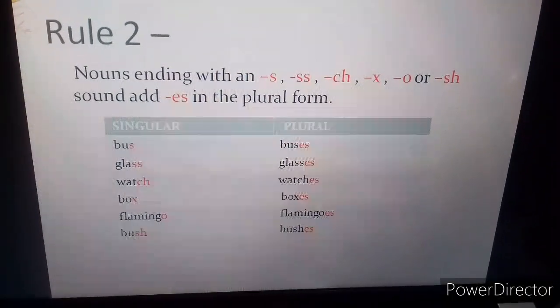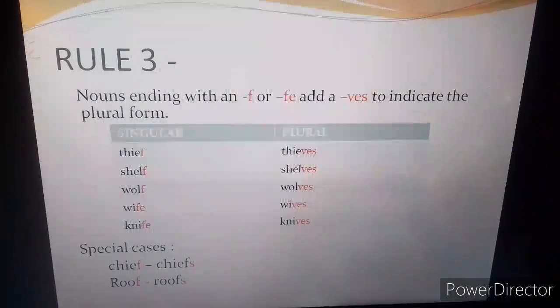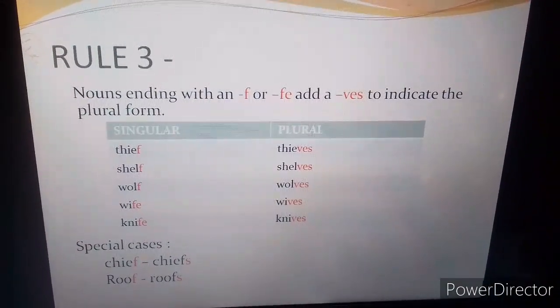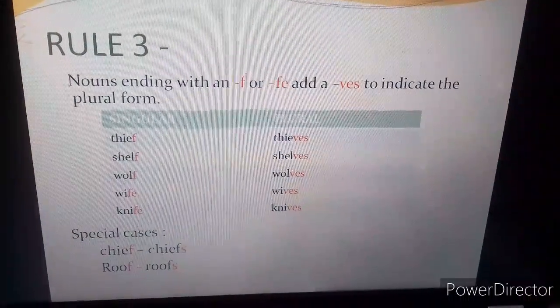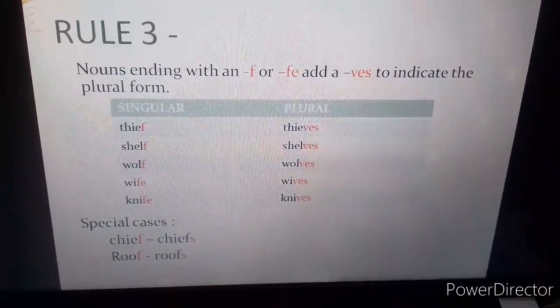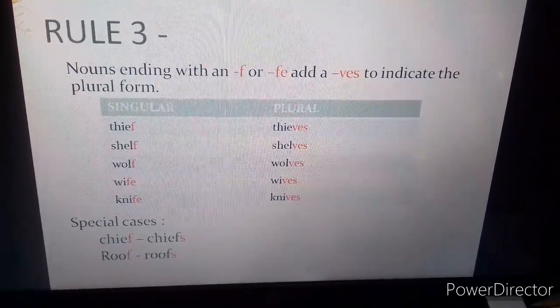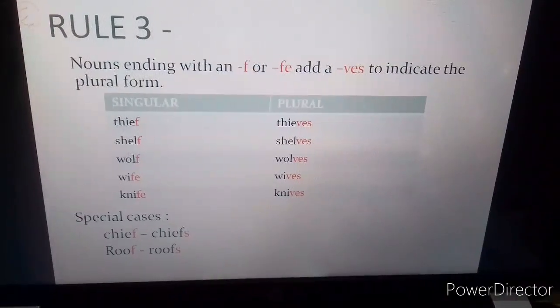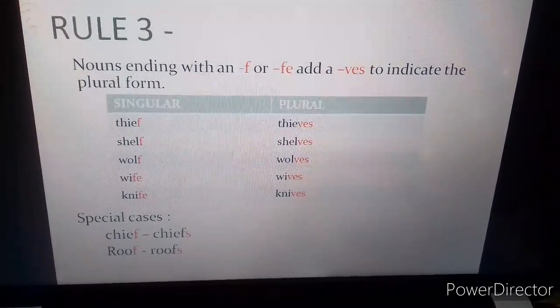Now let us see rule number 3. Rule number 3 states that nouns ending with an f or fe add ves to indicate the plural form. Rule number 3 says that any noun that ends with f or fe can be made into its plural form by simply adding ves to the noun.